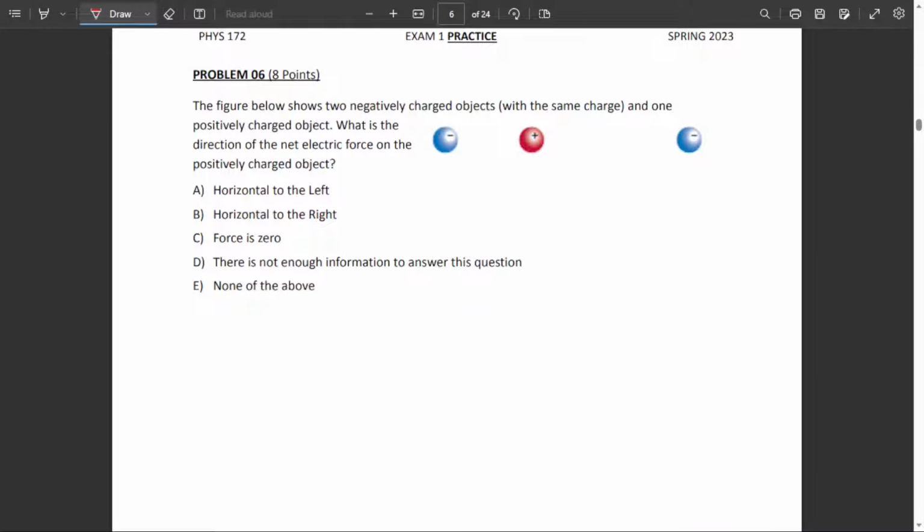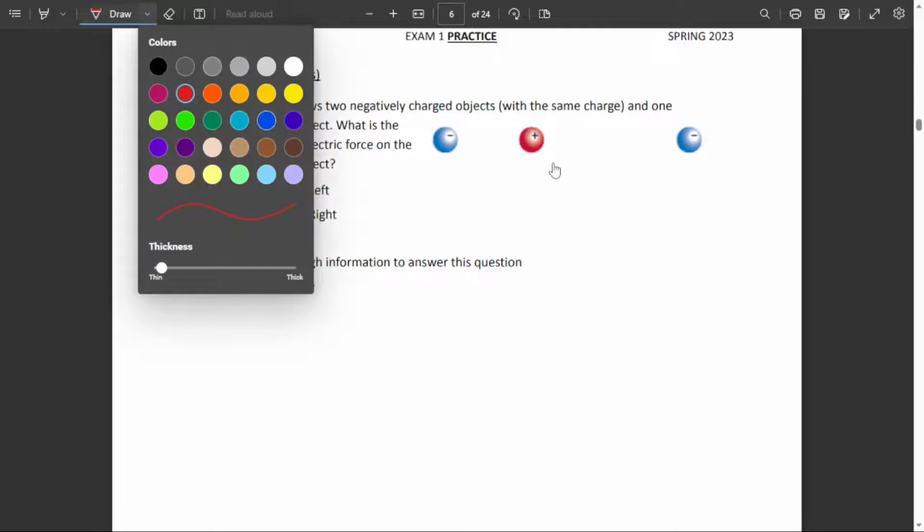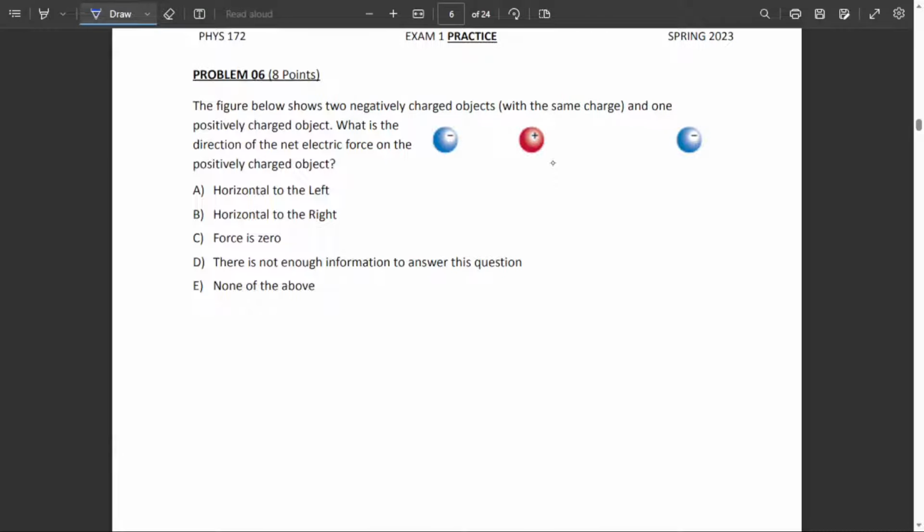Alright, problem 6. The figure below shows two negatively charged objects with the same charge and one positively charged object. What is the direction of the net electric force on the positively charged object? If we look at our diagram, we have two negative charges and one positive charge in between them.